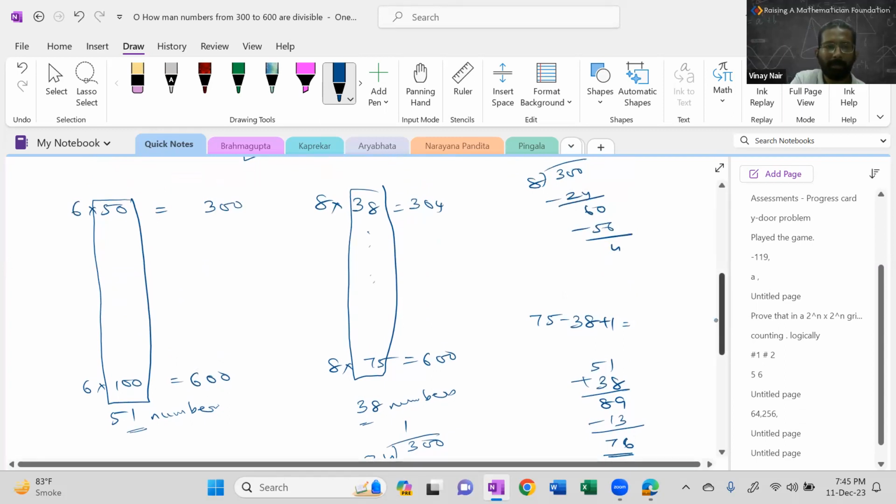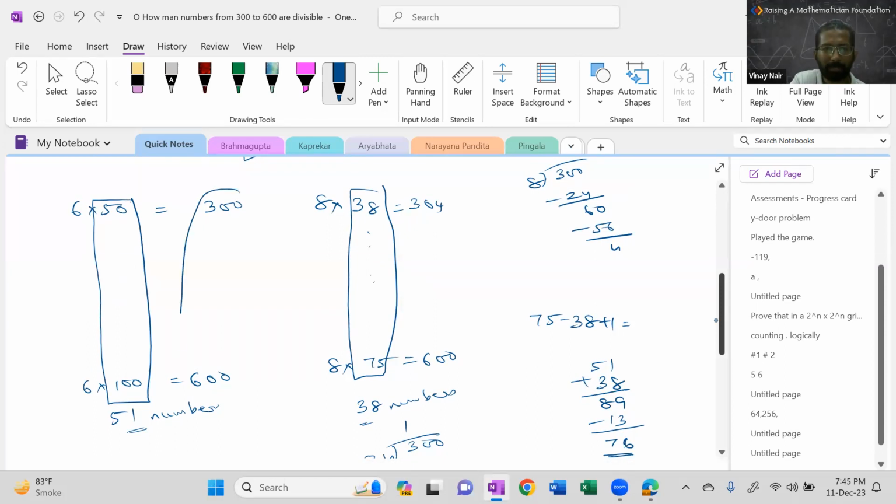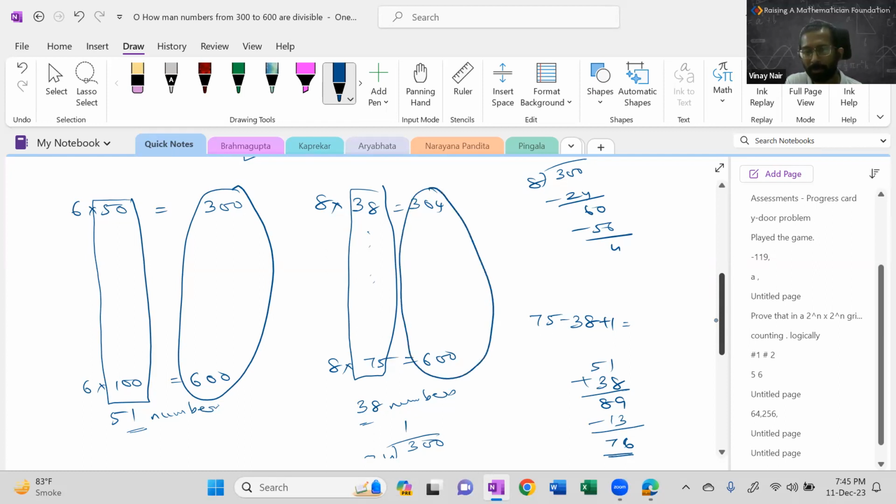So you can see that there are numbers in this list which are multiples of 24. There will be some numbers in this which are also multiples of 24, which means we have counted those numbers in both the lists, which means we have over counted, double counted actually.